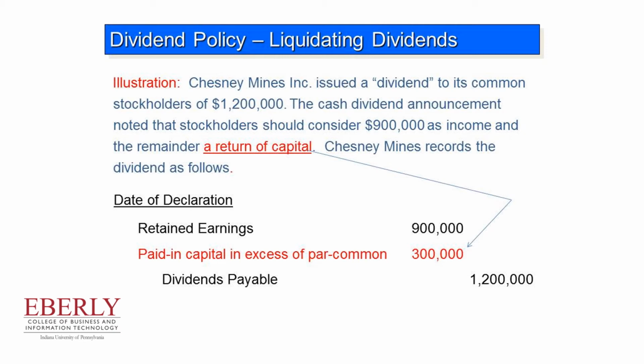So in this case, the journal entry that the company will record on the date of declaration is very simple. Take a look at it. We will debit retained earnings for $900,000, which is the regular dividends that they are paying. The remaining $300,000 that they are paying, which they have told the stockholders to consider a return of capital, is actually a liquidating dividend.